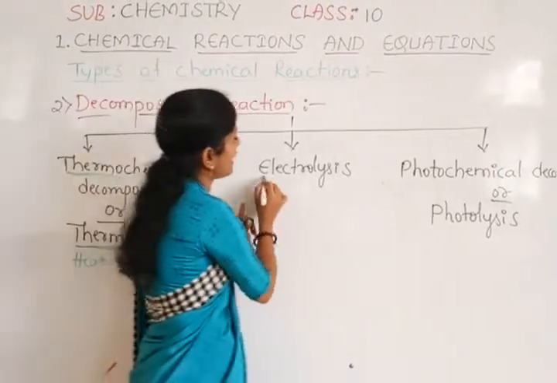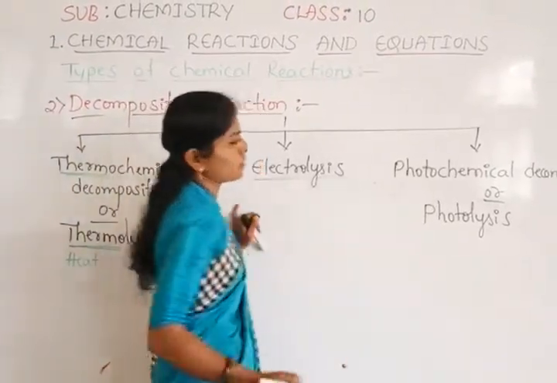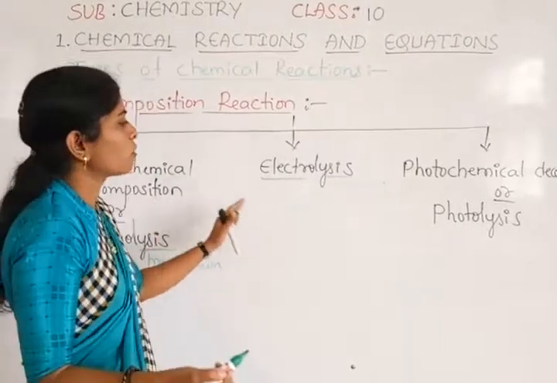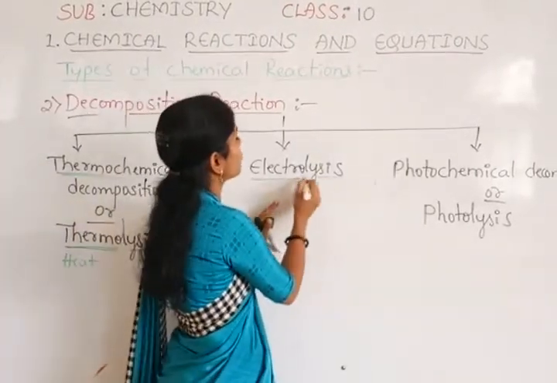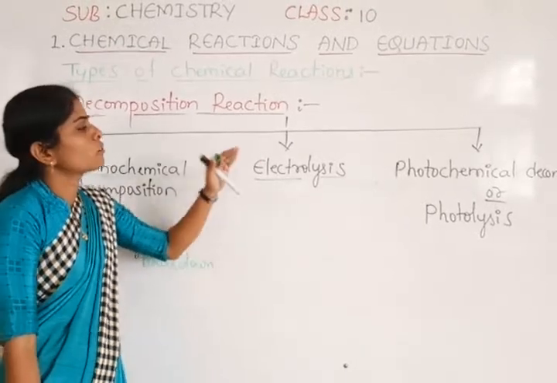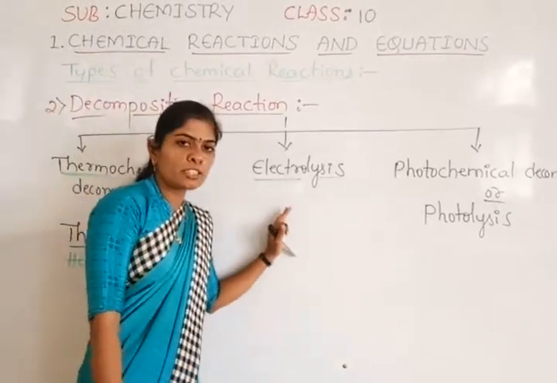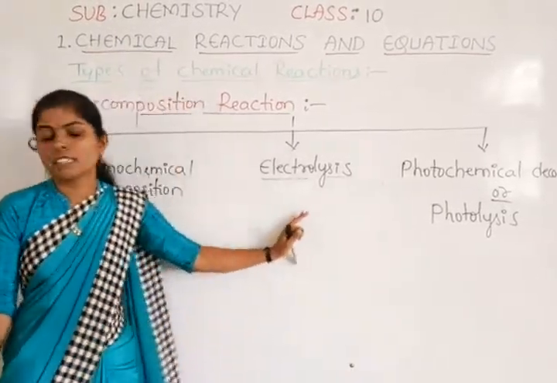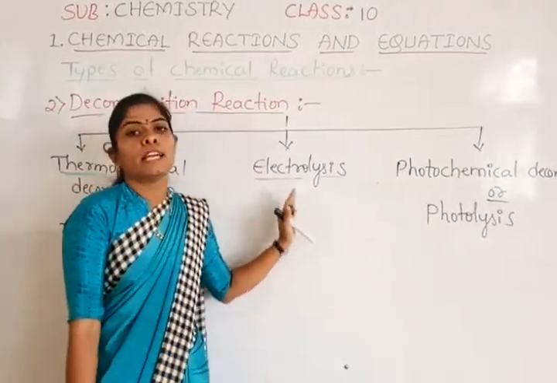Right. And the second type is electrolysis. Here also two terms are there: one is electro and another one is lysis. This type of decomposition reaction involves the use of electricity.